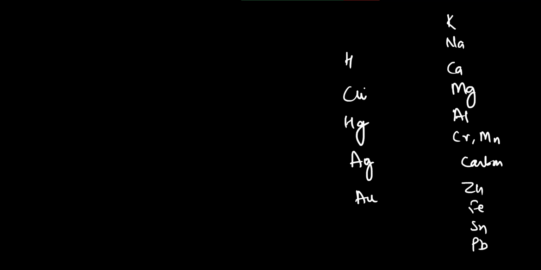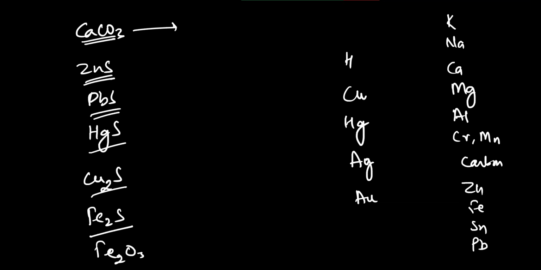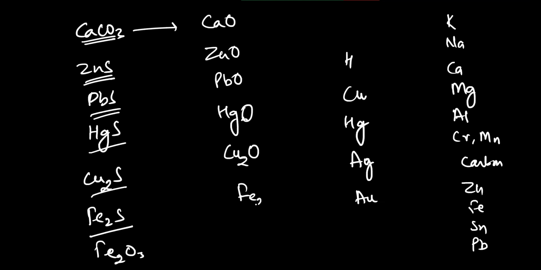When the metals are in oxide form, the oxide ore is already in oxide form. If we have calcium carbonate, CaCO3, zinc sulfide, PbS, HgS, Cu2S, Fe2S or Fe2O3, we convert these by roasting and calcination into their oxide forms. ZnS gets converted into ZnO, PbS into PbO, HgS into HgO, Cu2S into Cu2O, and Fe2S into Fe2O3.